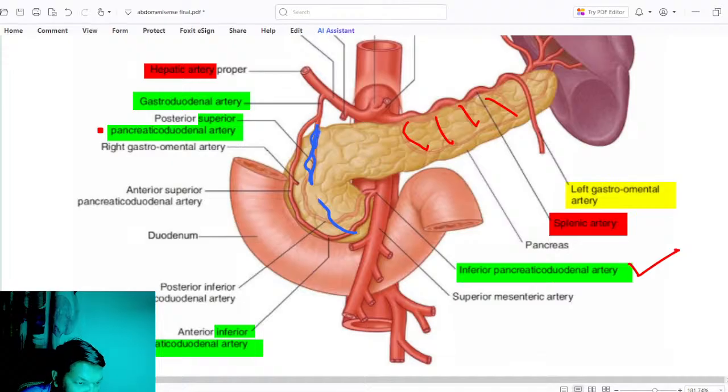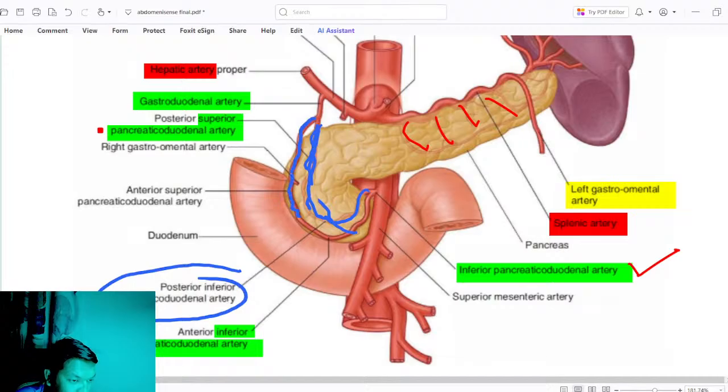And this posterior superior pancreaticoduodenal artery coming down to join with the posterior inferior pancreaticoduodenal artery. I think that is clear. Then the anterior superior pancreaticoduodenal artery coming down to meet with the anterior inferior pancreaticoduodenal artery.